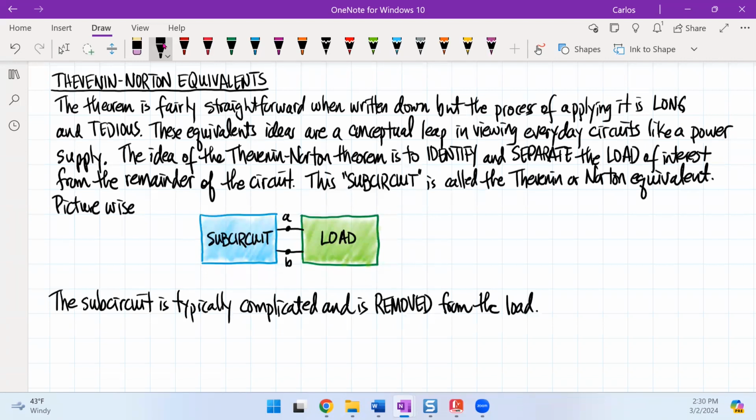So now we have two separate pieces. And with the load, what we want to do is calculate the current or voltage of the load.